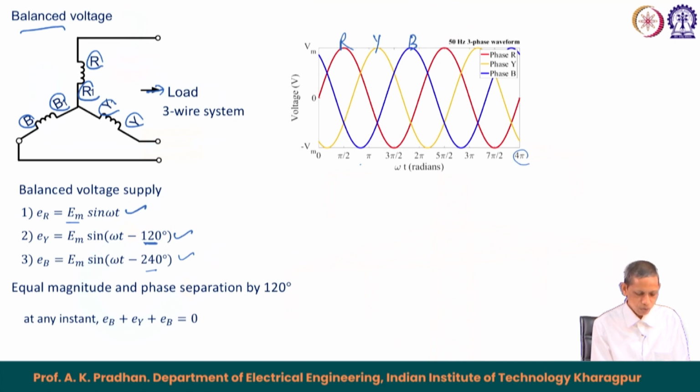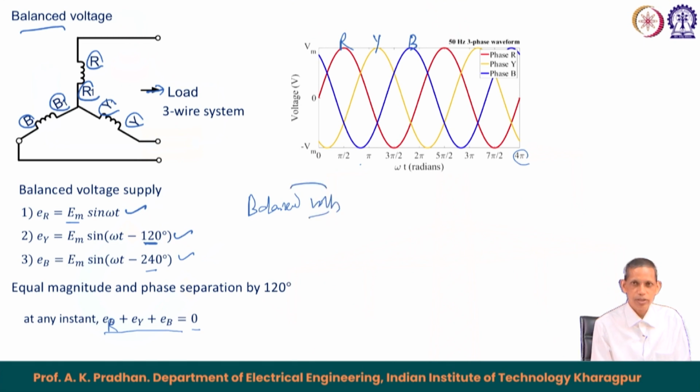Between R and Y we have 120 separation, between Y and B we have 120 separation, and between B and R also we have 120 separation. The summation of all the three voltages becomes equal to 0, and the magnitude of each one has the peak value E m, so the RMS value will be E m by root 2. Such a supply system is called a balanced voltage system.